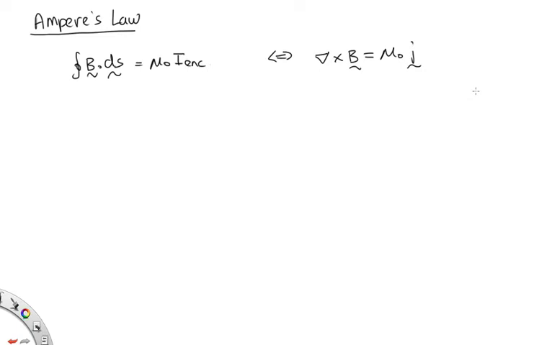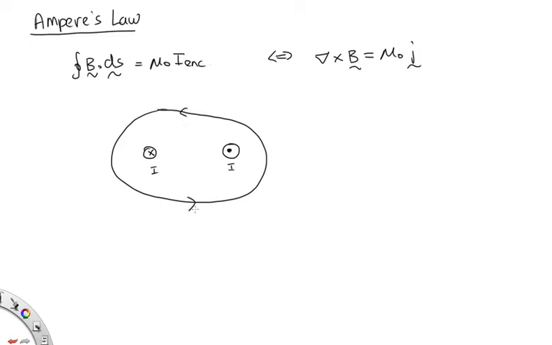Let's first of all consider a situation where it's not especially useful. Imagine that you have a current carrying wire carrying the current into the page, and here's another current carrying wire with the same current coming out of the page. Let's draw a path around here. Can we get the magnetic field around this path using Ampere's law?